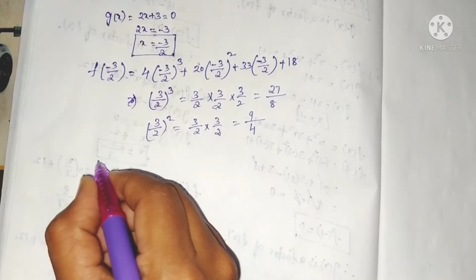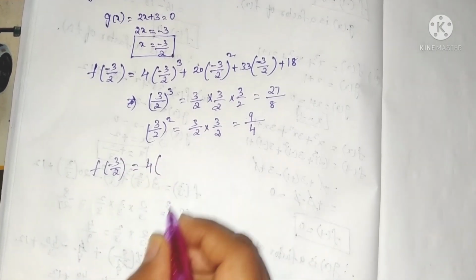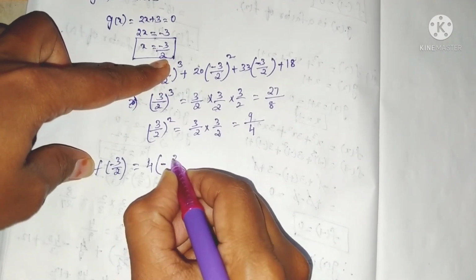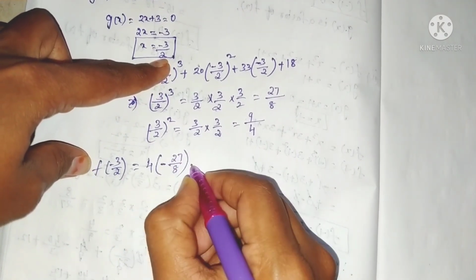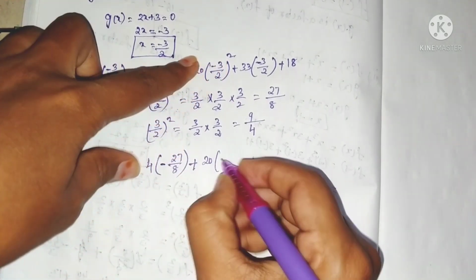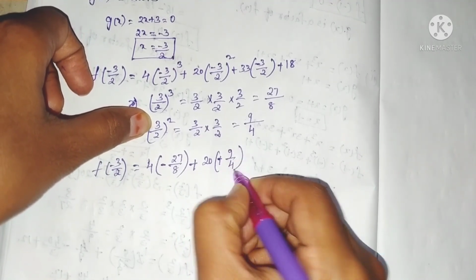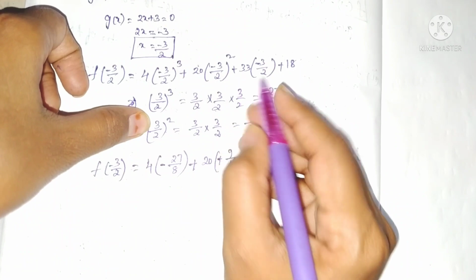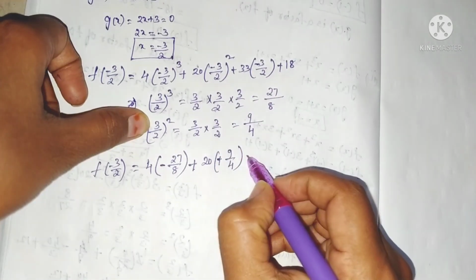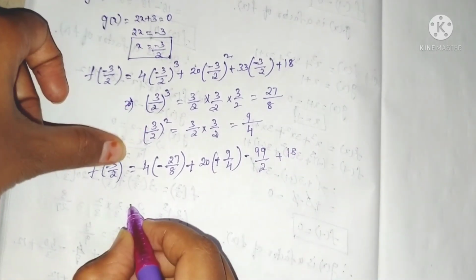So now write f of minus 3 by 2 is equal to 4 into, minus whole power odd number will be minus, only 27 by 8 plus 20, minus whole power even number will be plus, (3 by 2) whole square means 9 by 4. Here 3 3s are 9, 9, plus into minus minus plus 18.